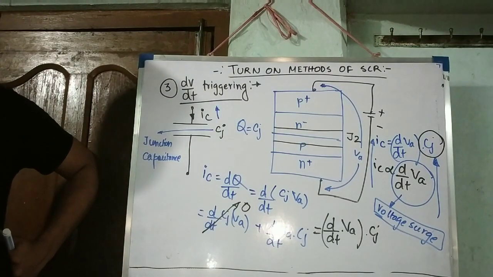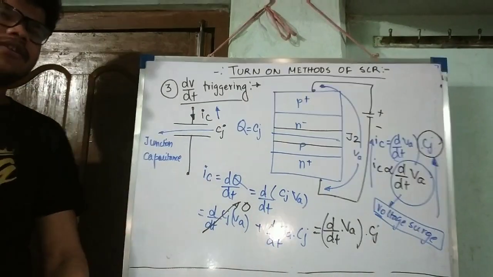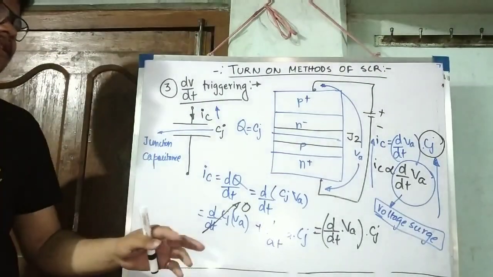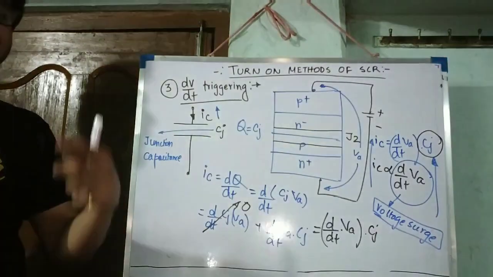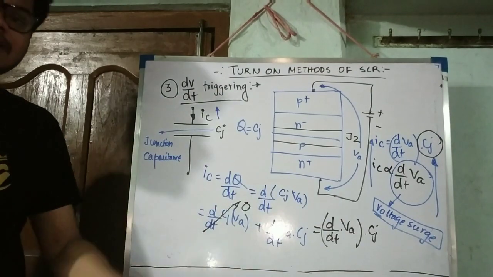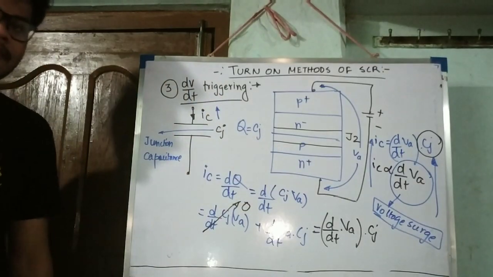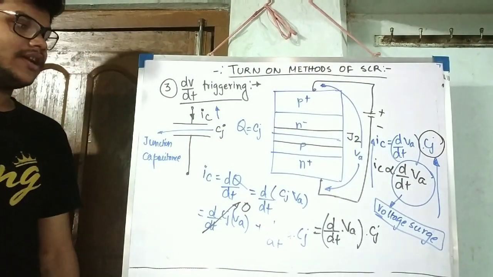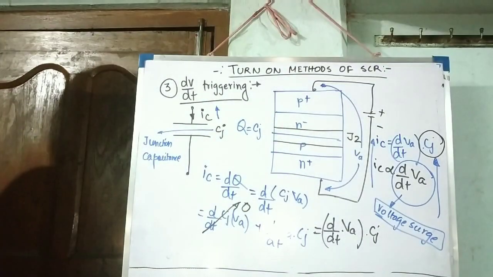Suppose a voltage surge is appearing across your SCR, for any reason, when your SCR is in forward blocking mode. Then the SCR will automatically be triggered and your SCR will start conducting. But you are not wanting the SCR to conduct, but the SCR is conducting. So this is because of the junction capacitance that is forming.